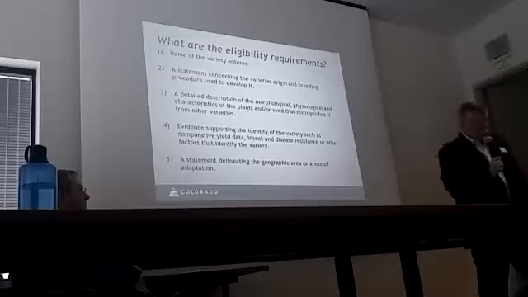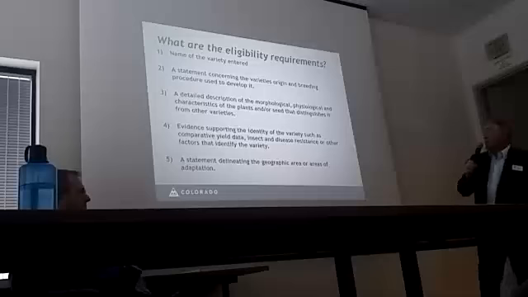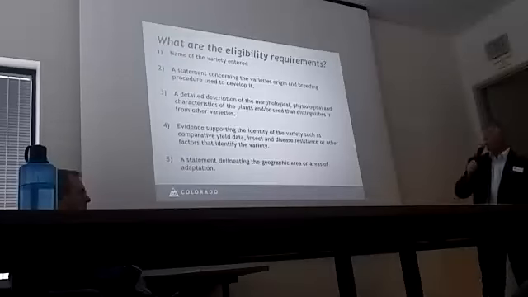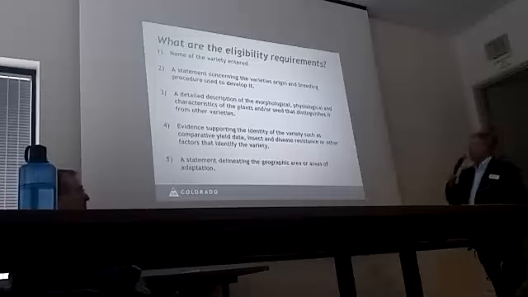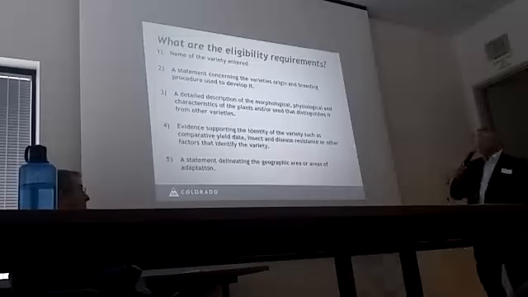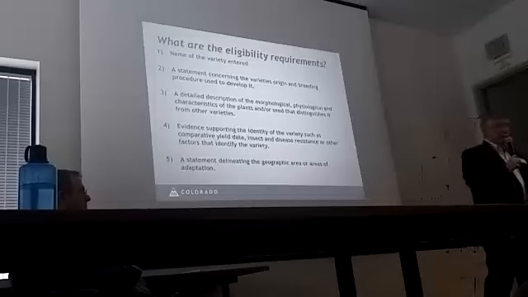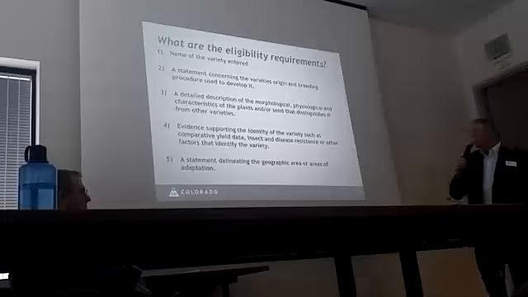So, what are the eligibility requirements? You have to have a name of the variety entered, a statement concerning the origin of the breeding procedure used to develop it, a detailed description of morphological and physiological characteristics of the plant, what makes it unique and different from another one, and evidence that supports the identity of the variety.